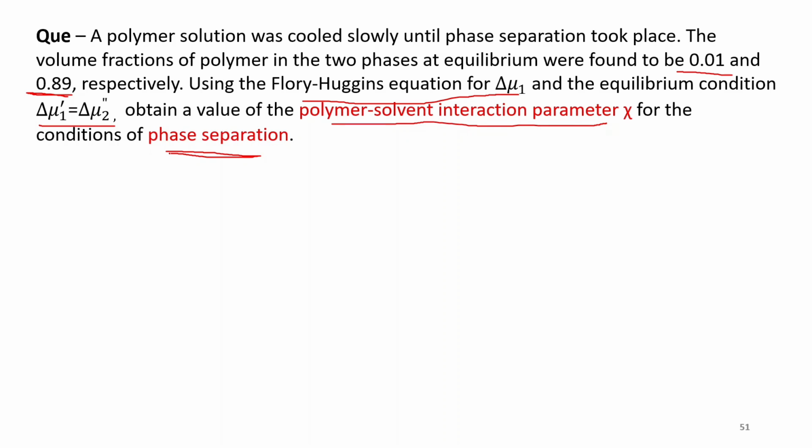So what we need to do is calculate its chi value, right? It is given that the volume fractions of the polymer at equilibrium in the two phases are 0.01 and 0.89, and we know that delta mu1 equals delta mu2, right? So how can we calculate?